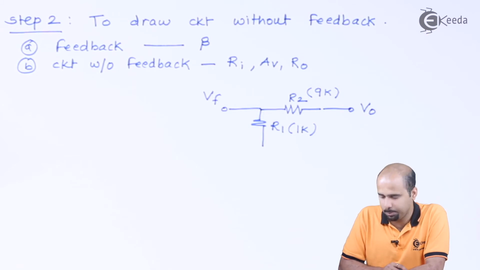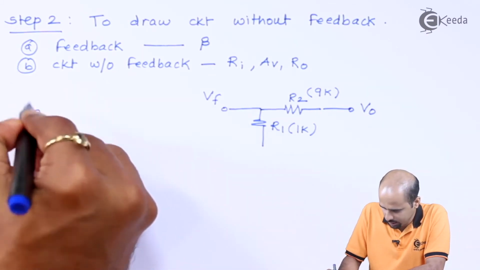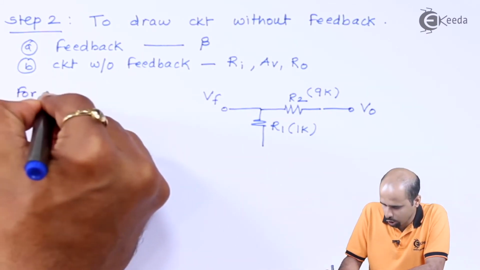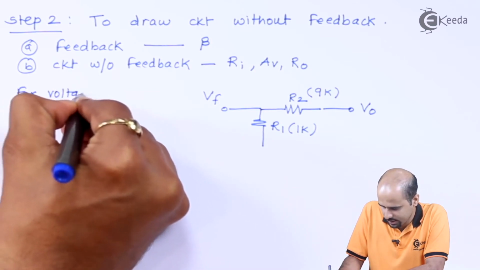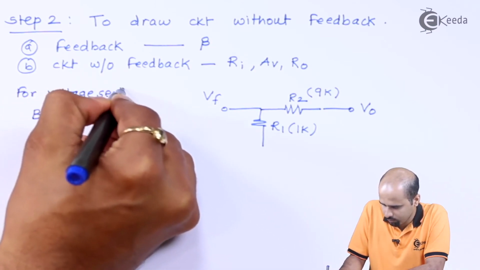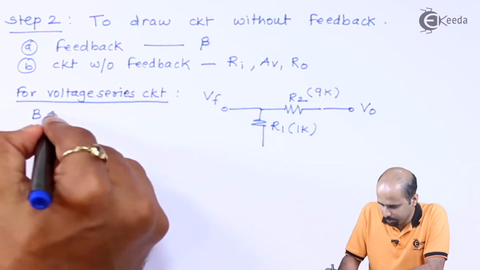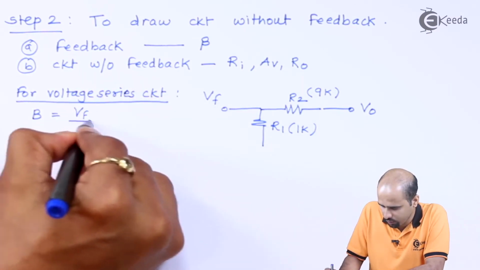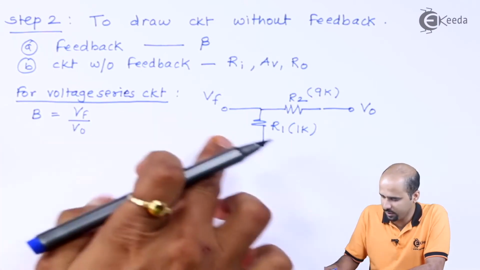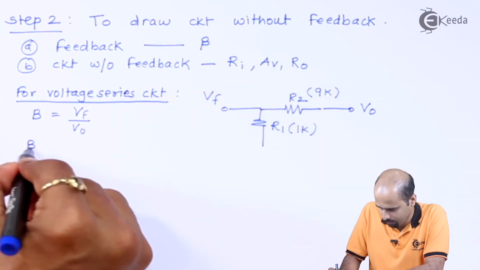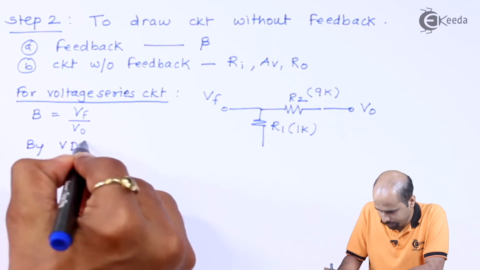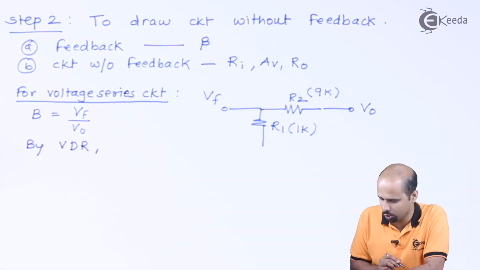For the B value, we'll say for a voltage series circuit, we will be getting B is equal to VF divided by VO. We will be getting that ratio by using VDR, that is voltage divider rule.